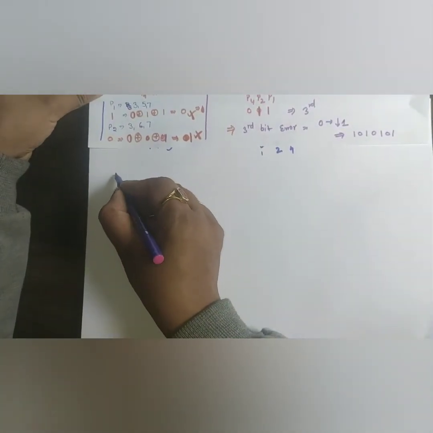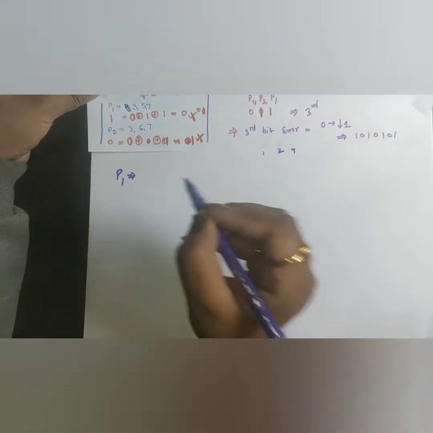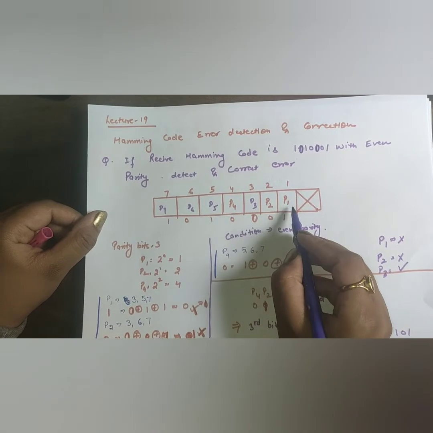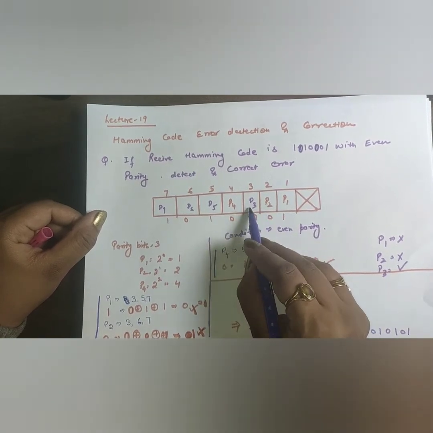For P1, check 1, skip 1, starting from 1: check 1, skip 1, check 1, skip 1.